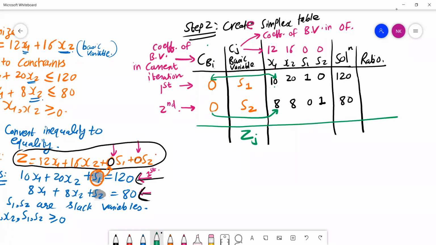So what I will be writing over here is 0 multiplied by 10 plus 0 multiplied by 8 for this iteration. Now for the next step, I will be writing 0 multiplied by 20 plus 0 multiplied by 8, again this one.